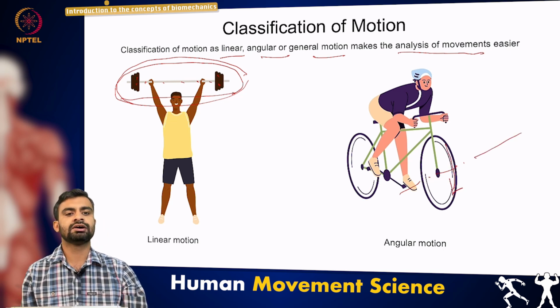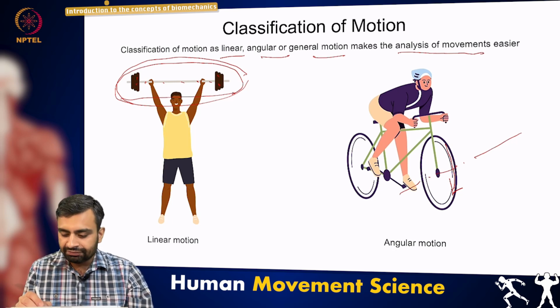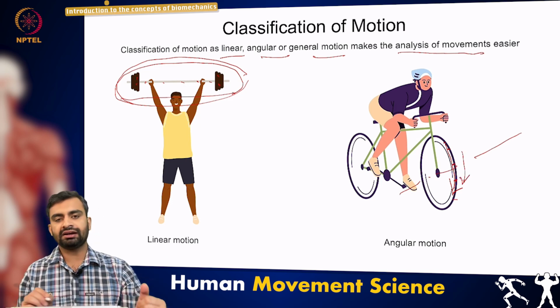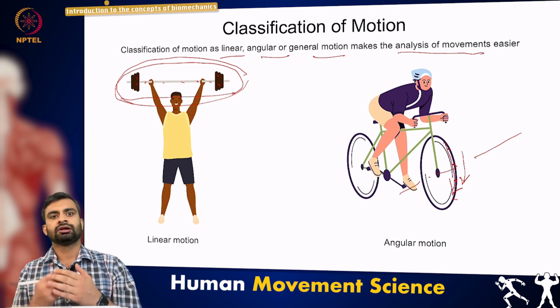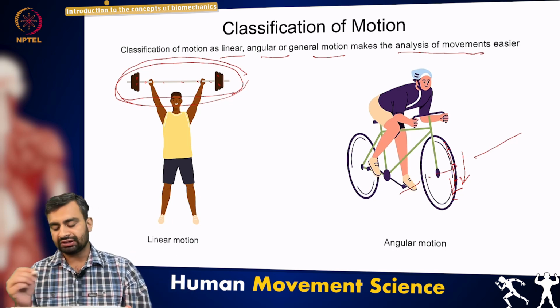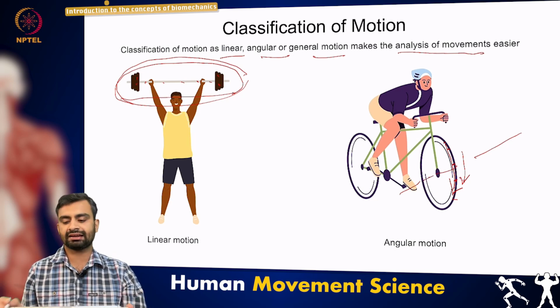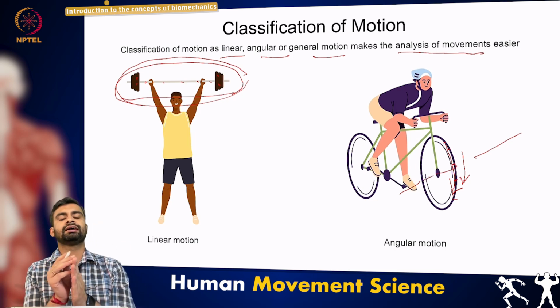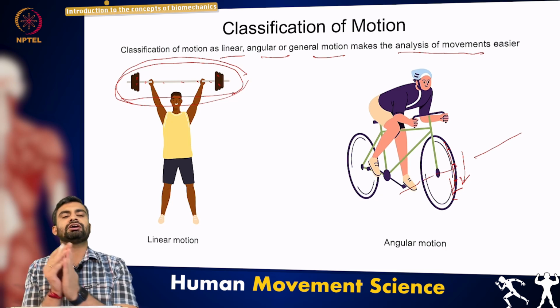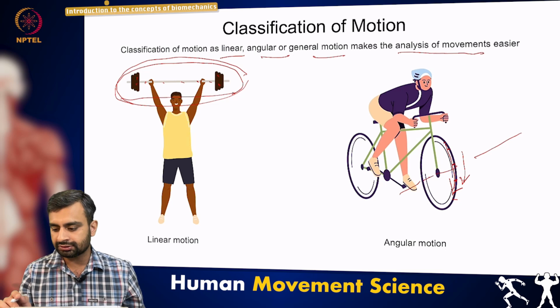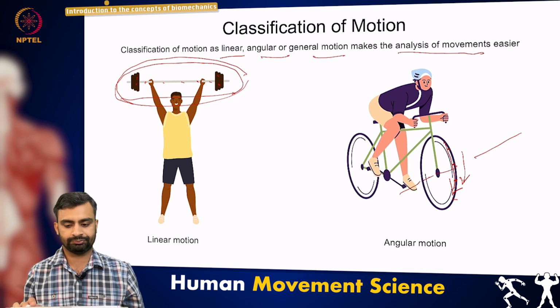In this, the different points on the circumference of the wheel cover different distances in a fixed amount of time. So in this case, the whole body is not moving, all the points on the body are not moving the same distance in the same interval of time.